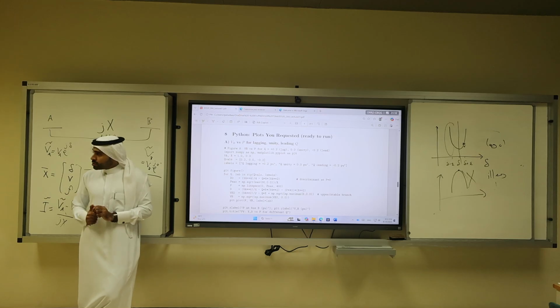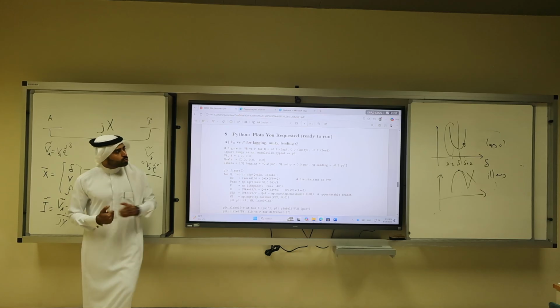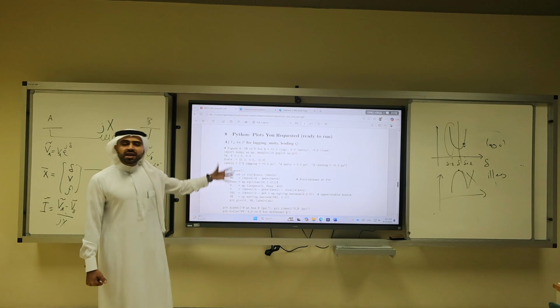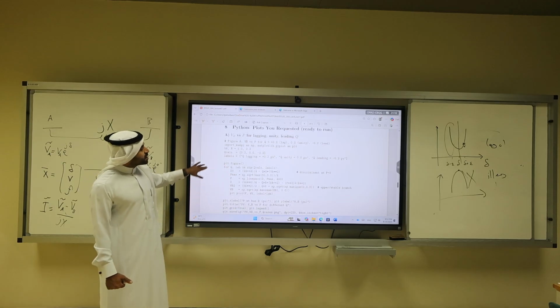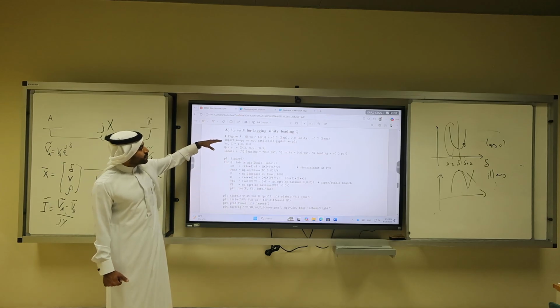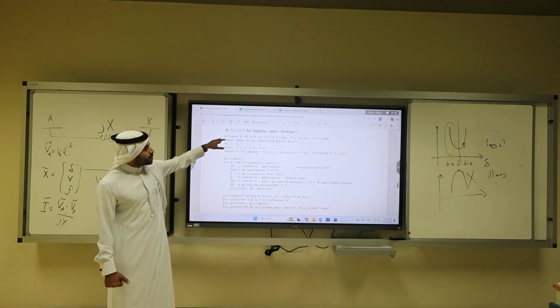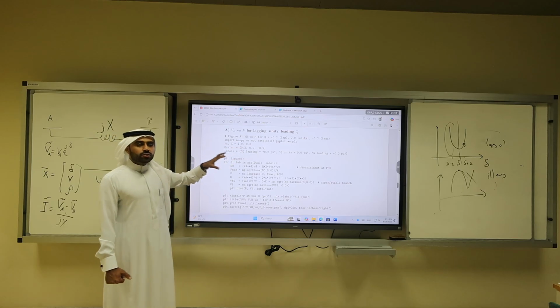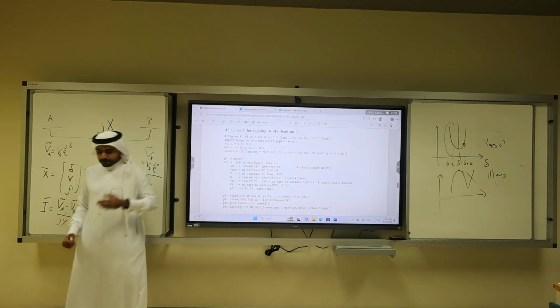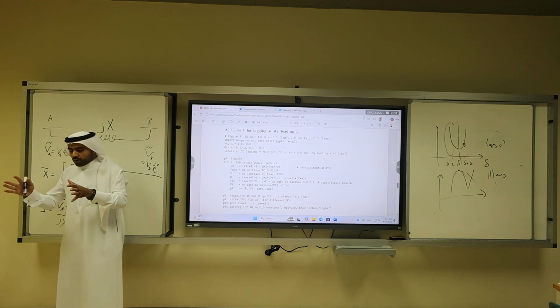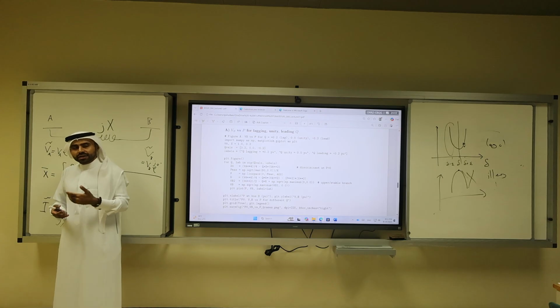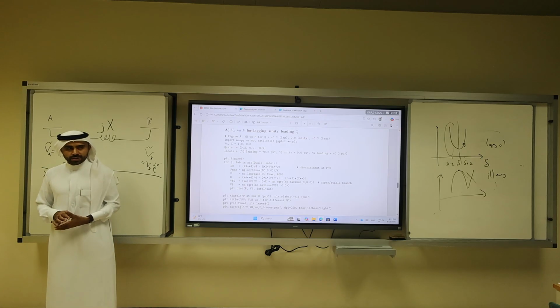So try to have these plots and see how they look, and try to understand these libraries, okay? So in this course, our goal is, instead of having calculators, let's use Python to do all the calculations, okay?